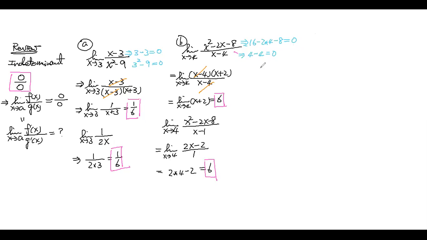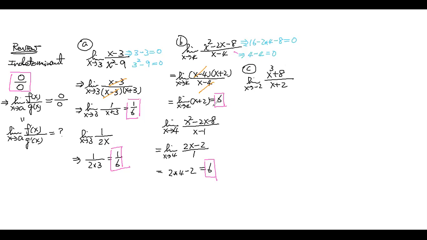Okay, now let's take a look at part C here. This one is the limit as x approaches -2 of x plus 2 over x cubed plus 8. In fact, for this one, you can use the cube formula and try to factor first.